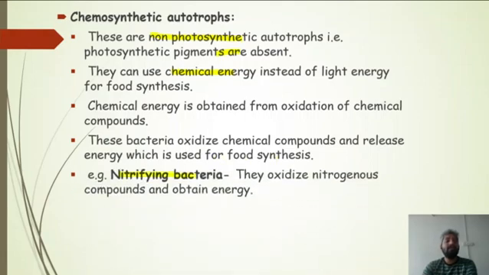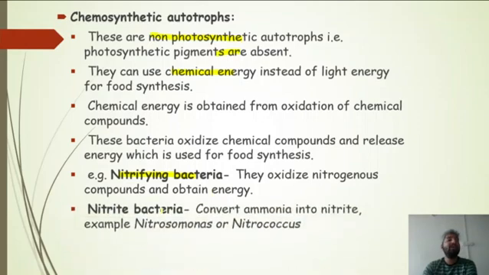Like nitrifying bacteria, what do they do? Nitrifying bacteria oxidize nitrogenous compounds to obtain energy. For example, nitrite bacteria. Nitrite is what? NO2 negative. So nitrite bacteria convert ammonia, NH3, into NO2 negative.